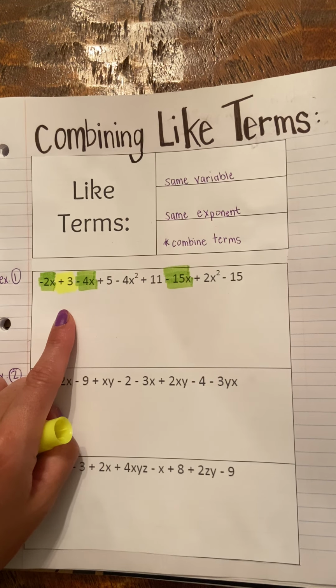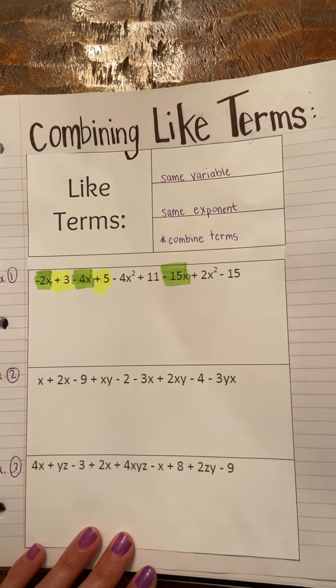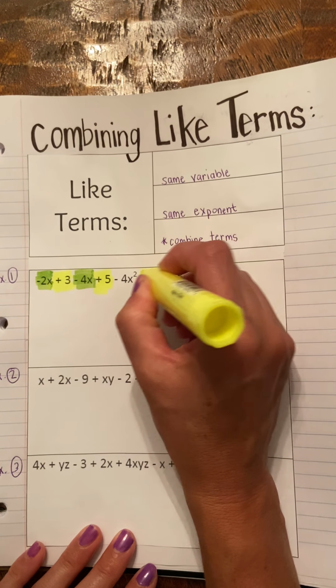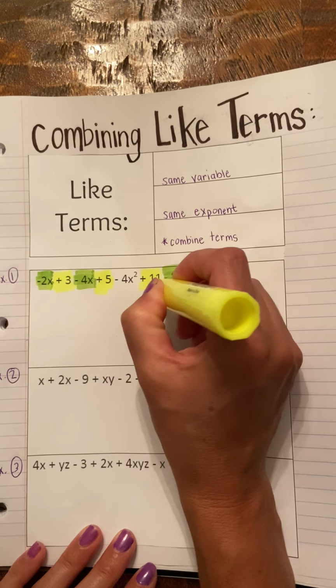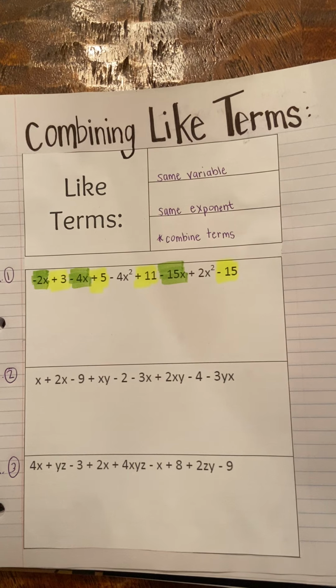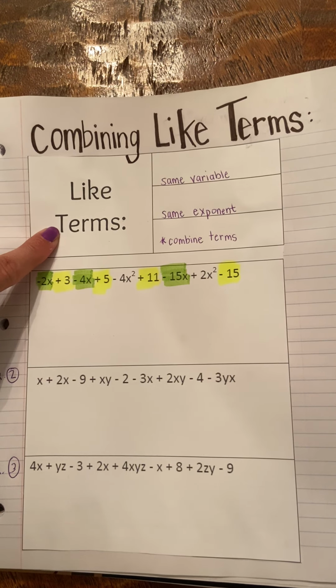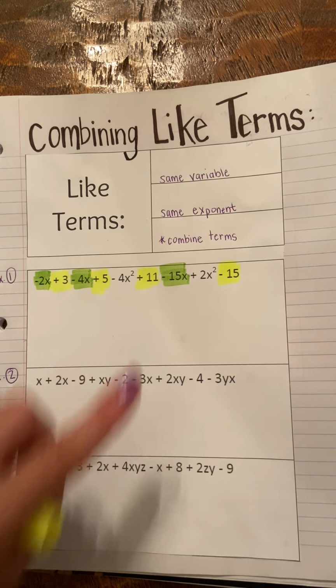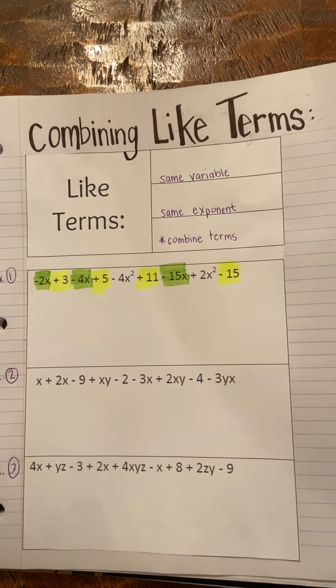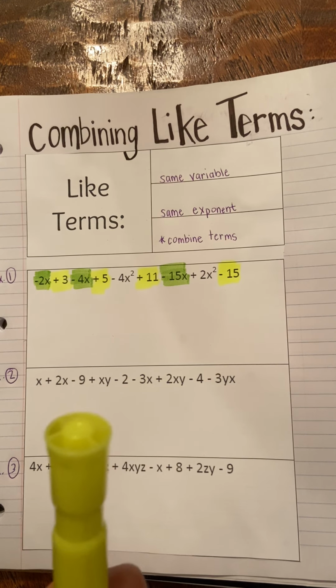So I'm just going to go through and highlight all the numbers that don't have a variable. There we go. Those are like terms. So some like terms won't have a variable or an exponent, but they are still alike. So we're done with our second highlighter.